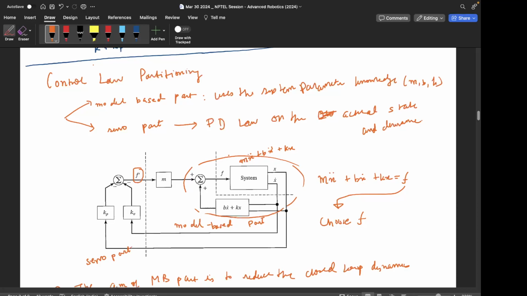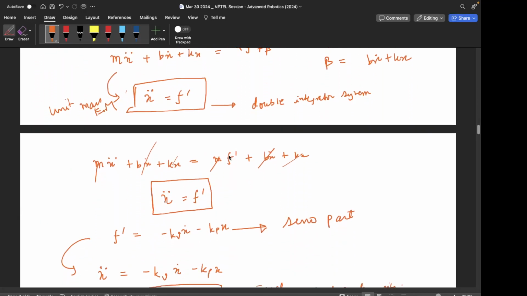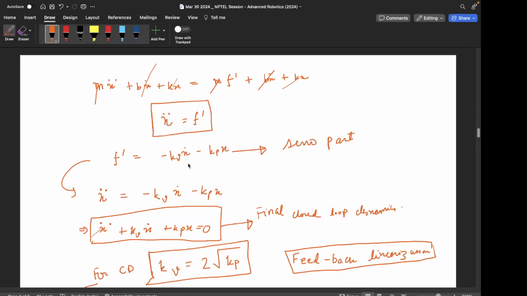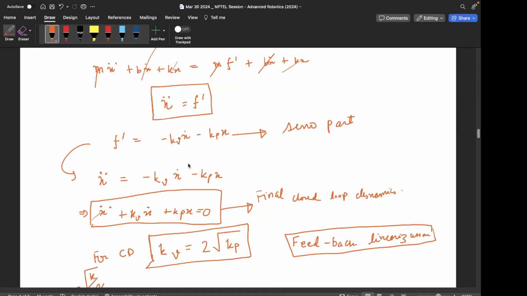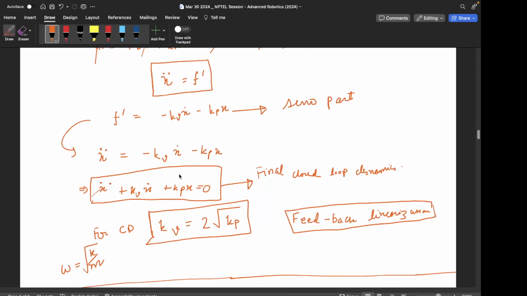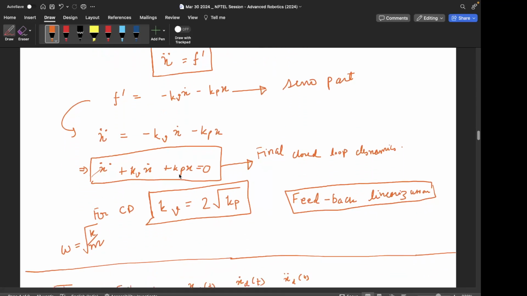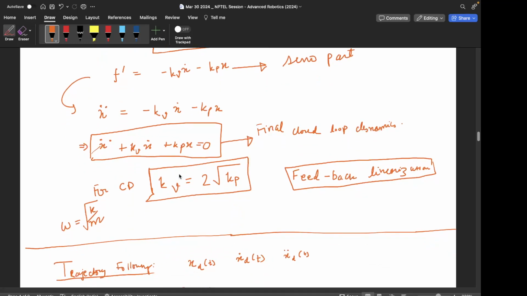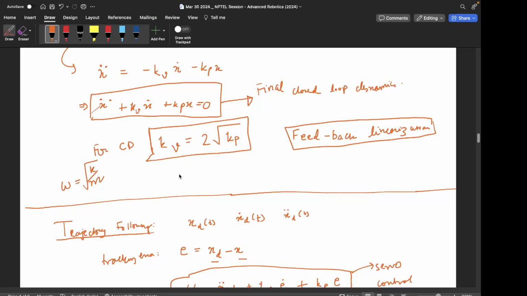And then for that new input f dash, we take again a servo part which is the PD on the actual states, and there we get the final closed loop dynamics in which only the gains appear, and again the gains can be chosen based on critical damping. A similar approach for nonlinear systems is called feedback linearization.